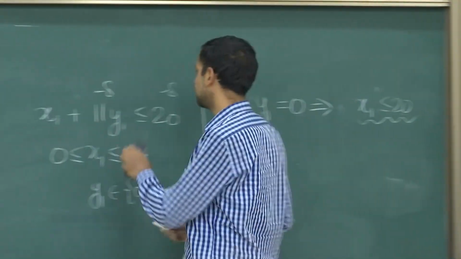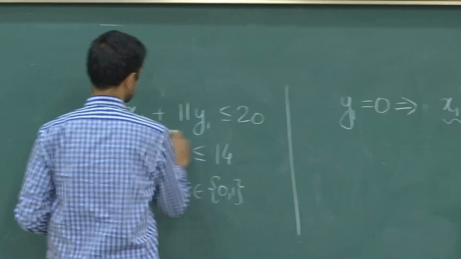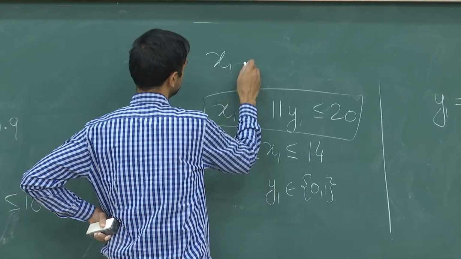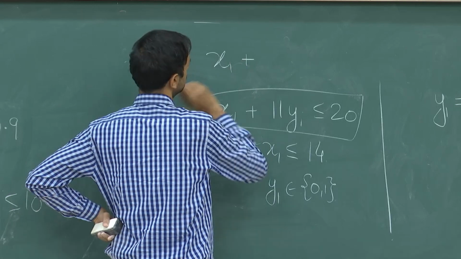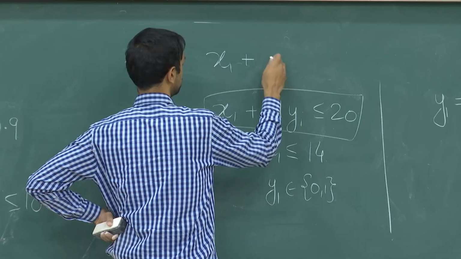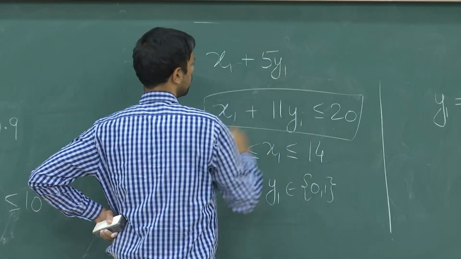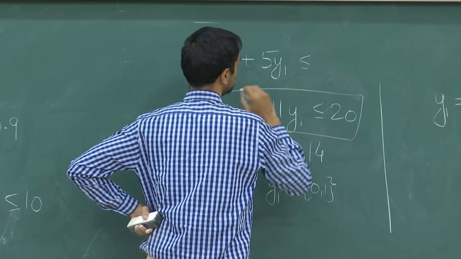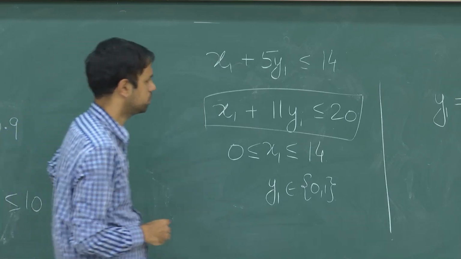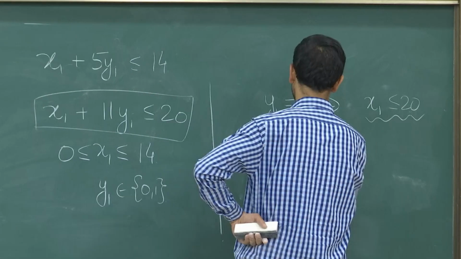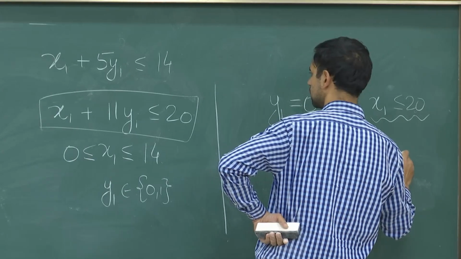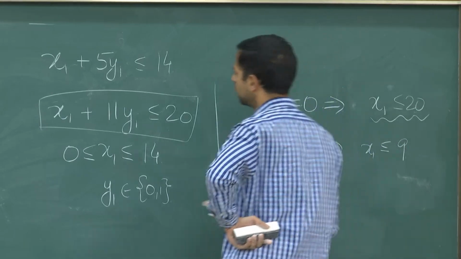So instead of this constraint, I will change it to x1 plus, subtracting 6 from here and also 6 from here, so this becomes 5y1 less than or equal to 14. When y1 is equal to 1, we want x1 to be less than or equal to 9.